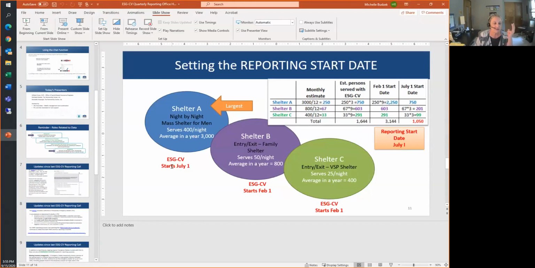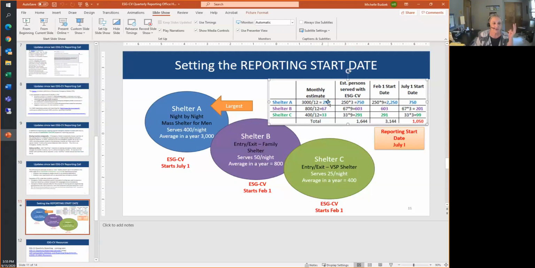That's 3 months. So if you took the average served 250 a month, and they were in operation for the 3 months, that's 750, right? Versus shelters B and C that were actually operational for 9 months with ESG-CV money, and that's why on average we got those. So the estimated real number of the people you served is 1644.